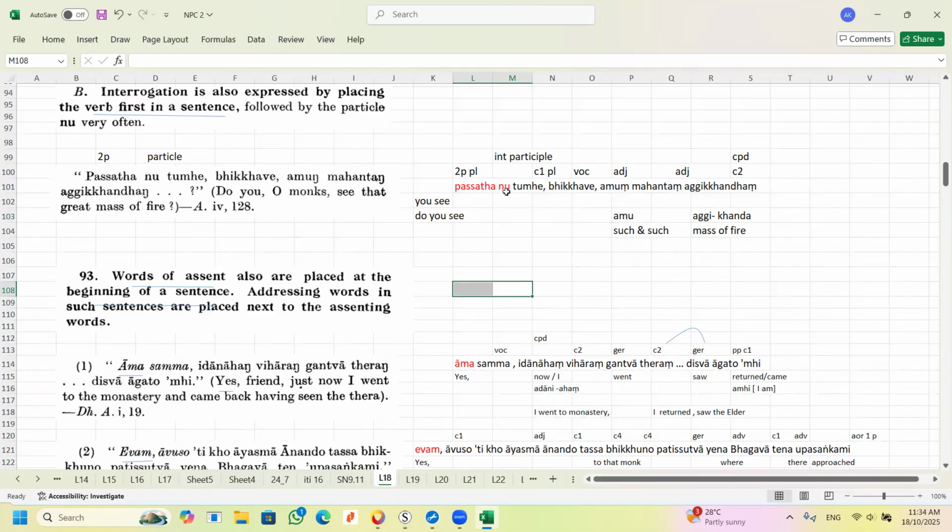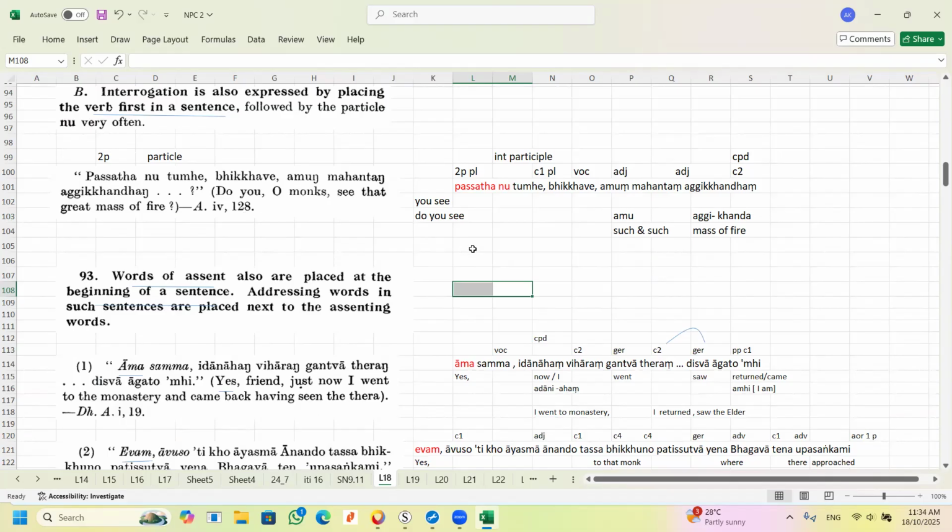It's interrogative because it's going to ask the question: do you see or did you see? But a prohibition for past tense is always present; you have to use present, you cannot use past. Do you see?